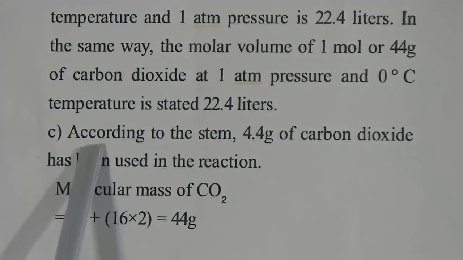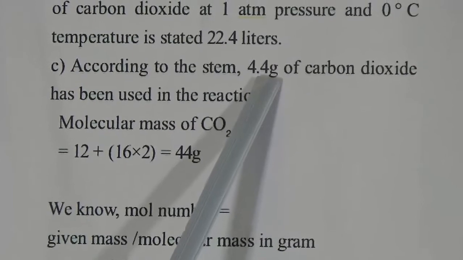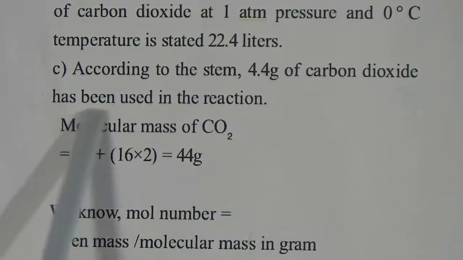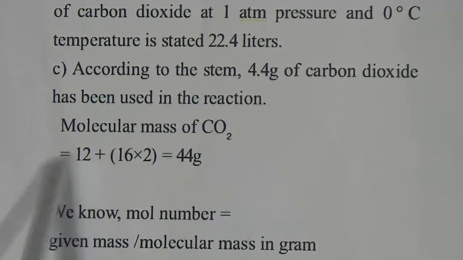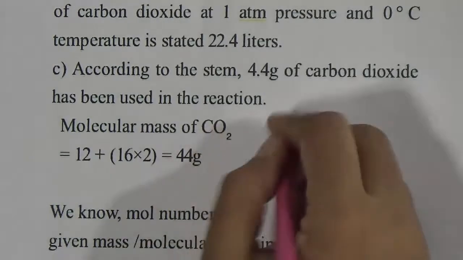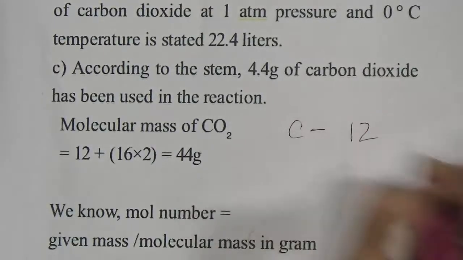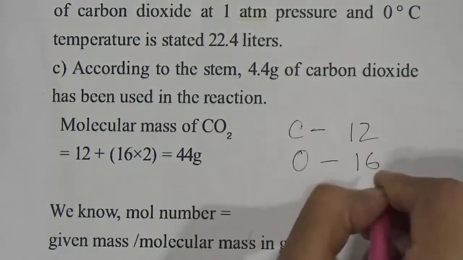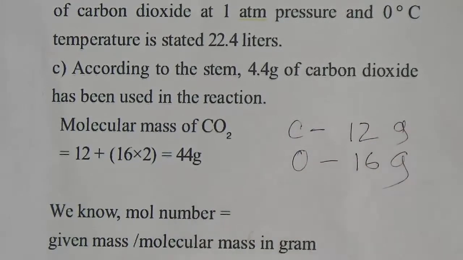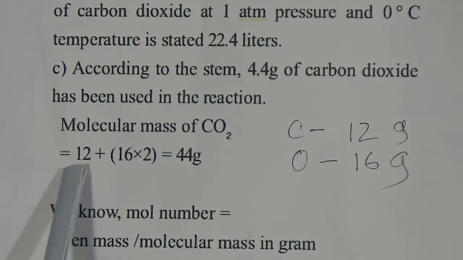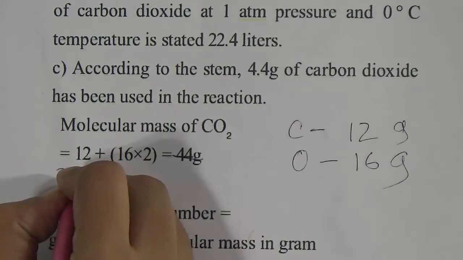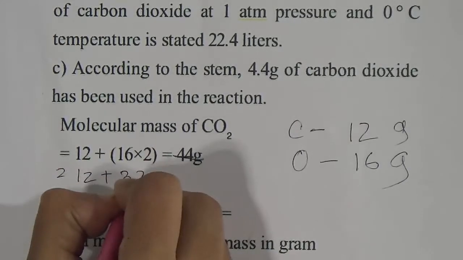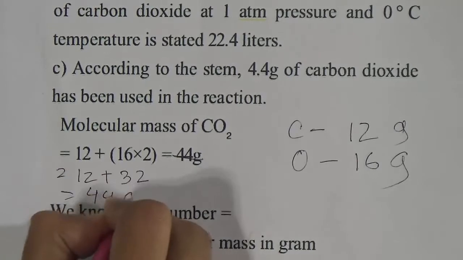Now last one is, according to the stem, 4.4 gram carbon dioxide has been used in the reaction. So the molecular mass of carbon dioxide: carbon atomic mass is 12, oxygen atomic mass is 16, and this is the calculation: 12 plus 16 multiplied by 2 will be 44, or we can express it this way, 12 plus 32, it will be 44 gram.